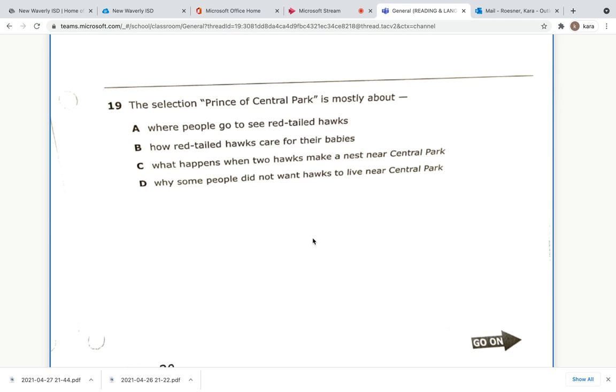Number 19, the selection, Prince of Central Park, is mostly about A, where people get to see red-tailed hawks. B, how red-tailed hawks care for their babies. C, what happens when 2 hawks make a nest near Central Park. Or D, why some people did not want hawks to live near Central Park.